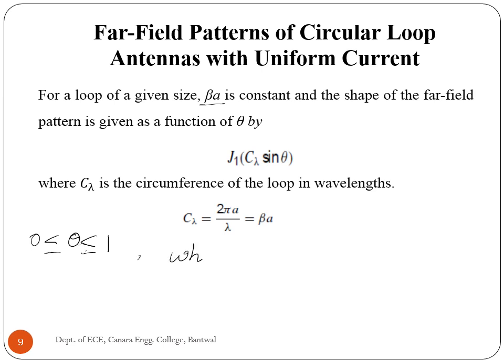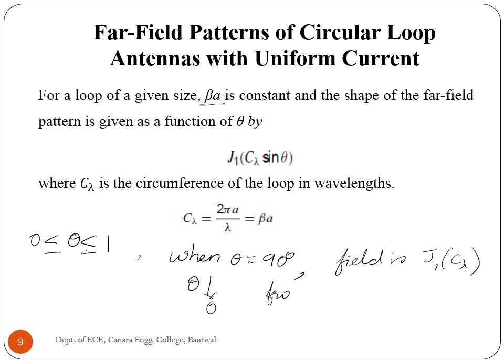When θ is equal to 90 degrees, the relative field is J1 of Cλ, and as θ decreases to 0, the values of the relative field vary in accordance with the J1 curve from J1 of Cλ to 0.